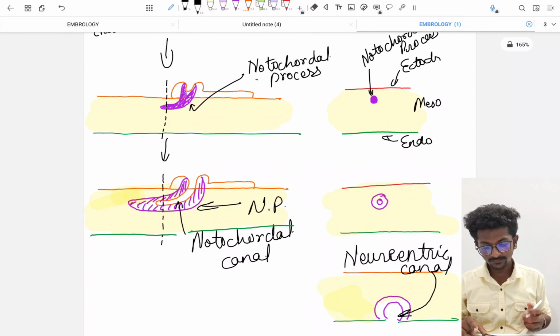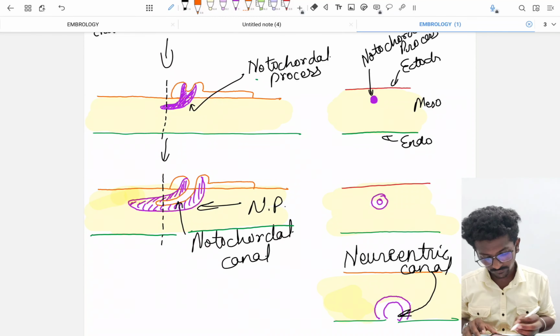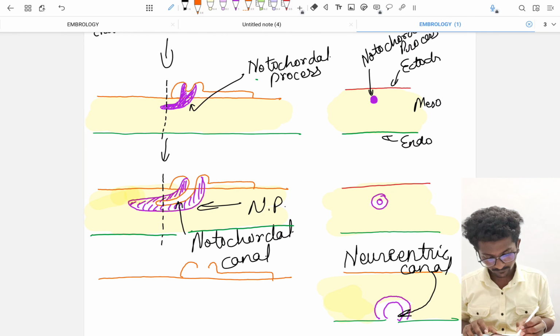Now let me draw in this format also. How will it look in this format? So this is the ectoderm. This is the primitive node, and this is the primitive streak.